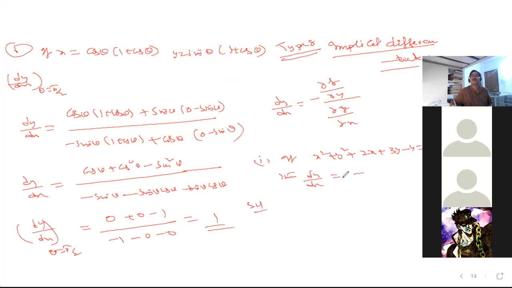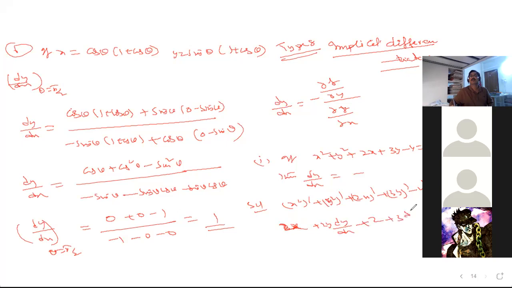Generally, what we'll do is differentiate each term individually. x square dash, y square dash, 2x dash, 3y dash and 4 dash. There's no need to be afraid of anything. Here it is 2x. Here 2y, but times dy by dx, because we are differentiating with respect to x. Here it is 2 only.